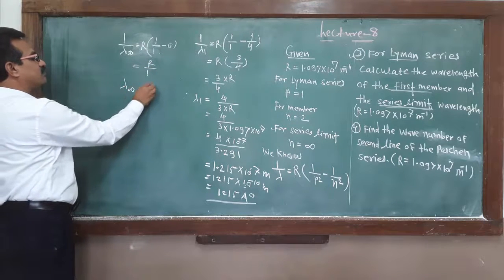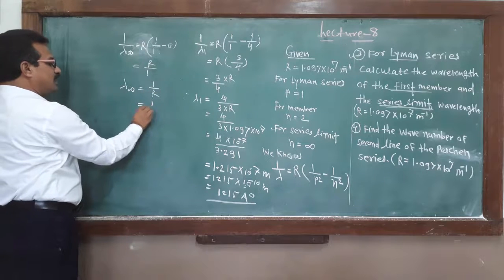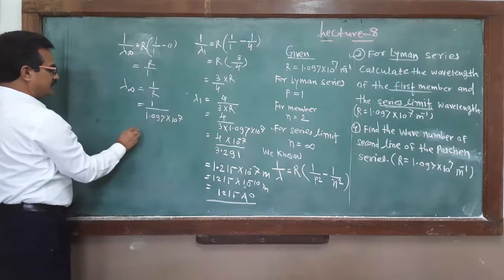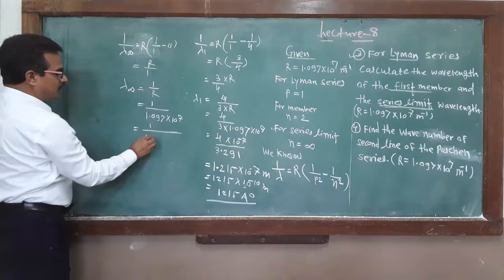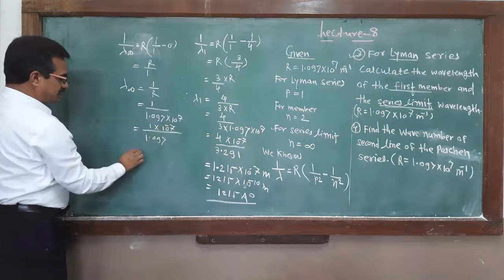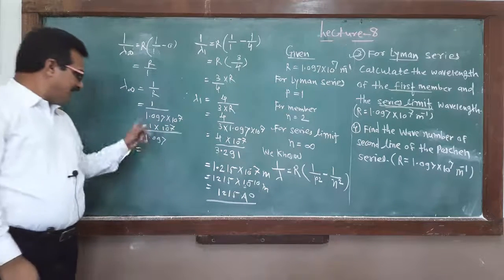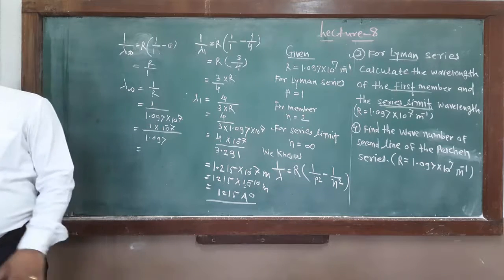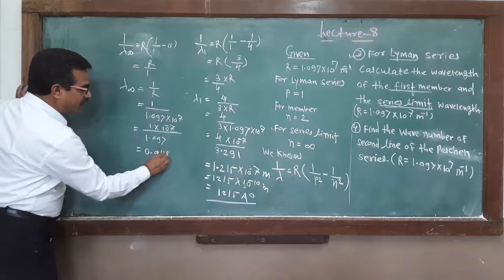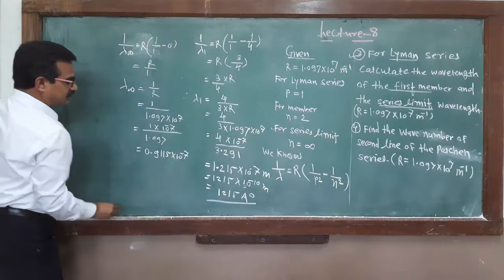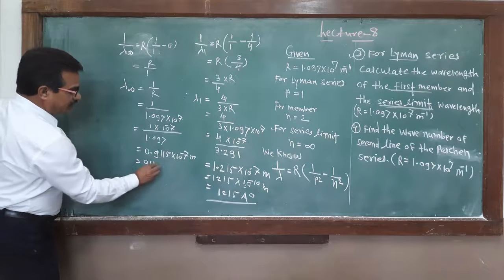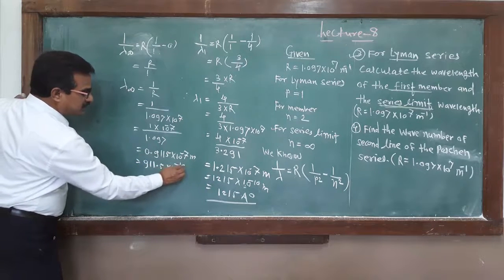The series limit wavelength is equal to 1 divided by R, that is 1 divided by 1.097 into 10 raised to 7. 1 divided by 1.097 comes out to be 0.9115 times 10 raised to minus 7 meter, which is 911.5 times 10 raised to minus 10 meter.